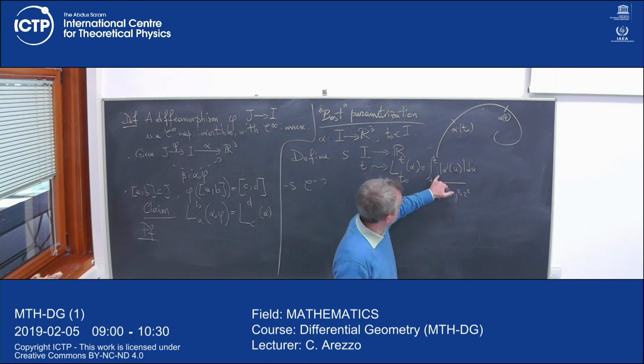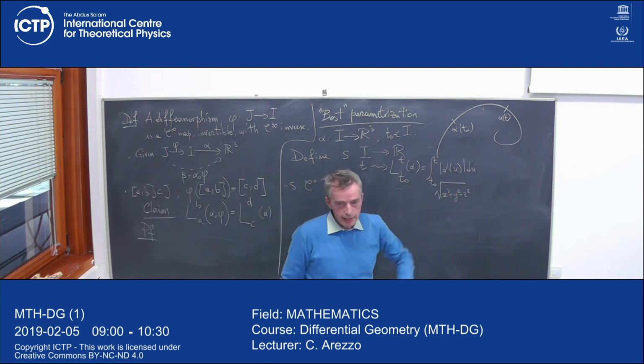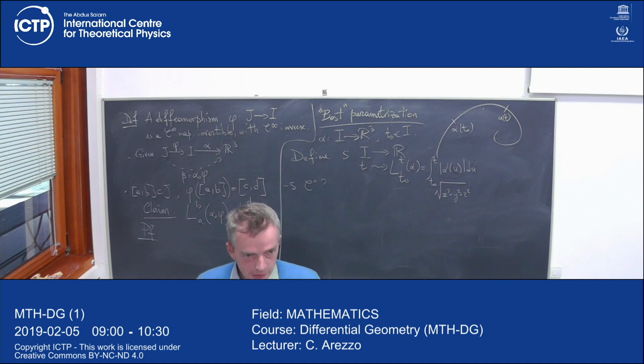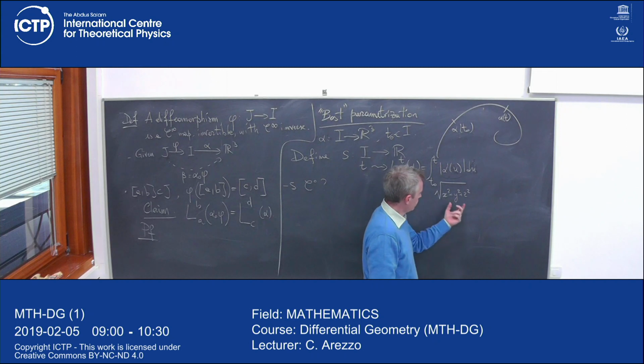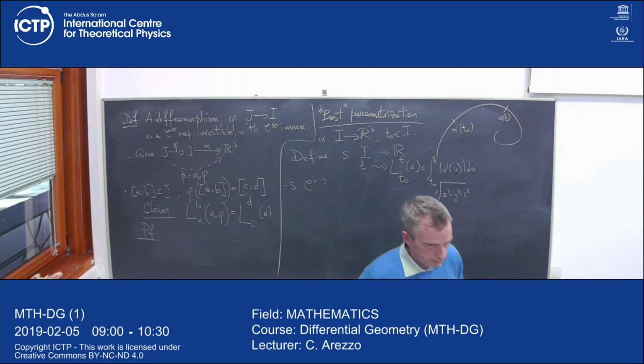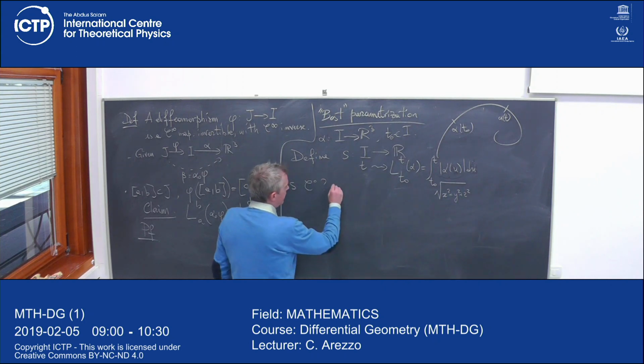So this object here is continuous, being the integral S is for sure C1, because I add 1 derivative. Okay. But is it C2? Depends. Depends whether the object inside the square root goes to 0 or not.